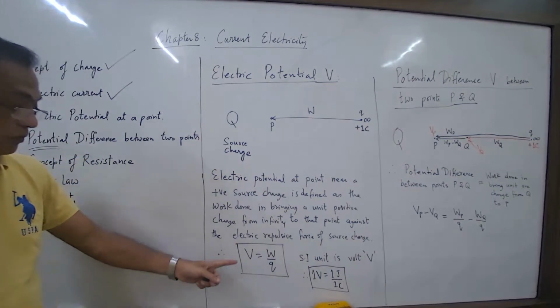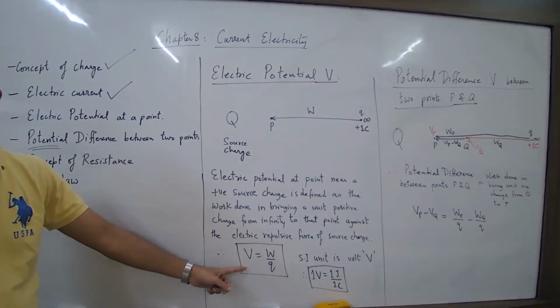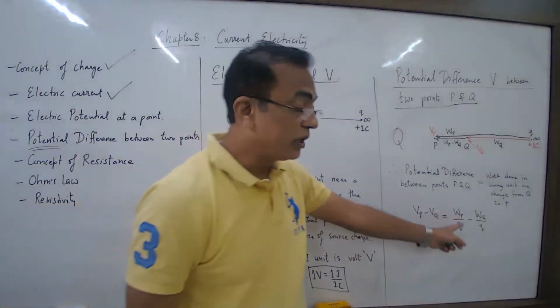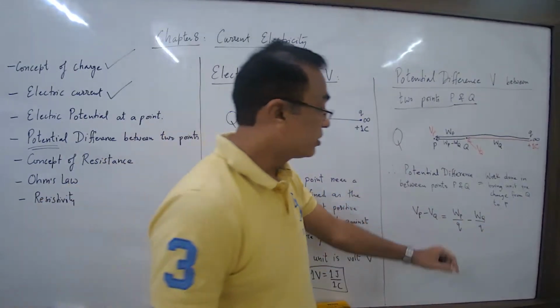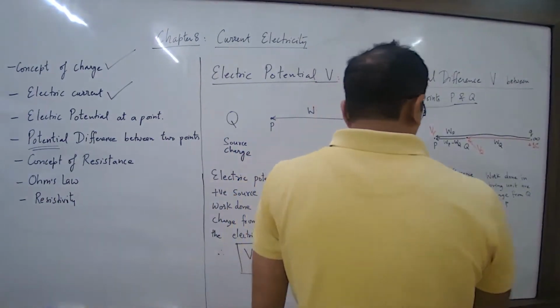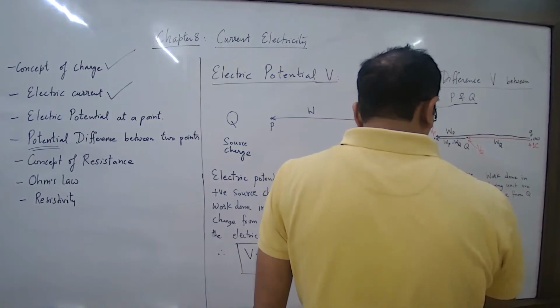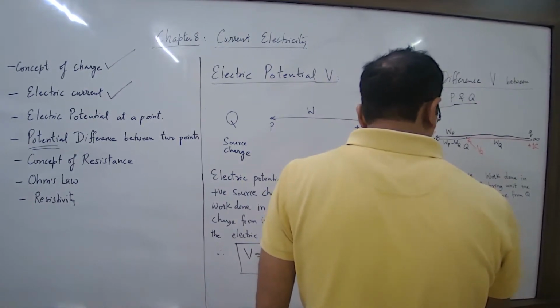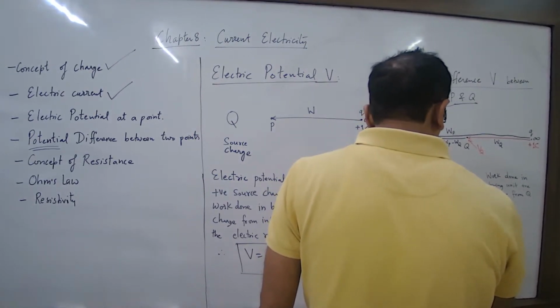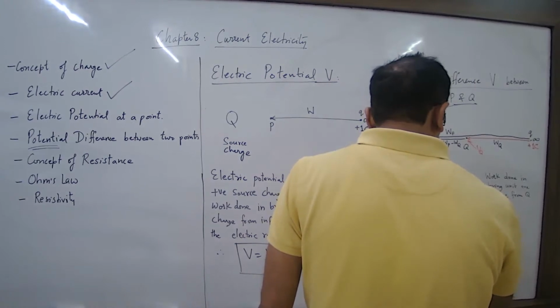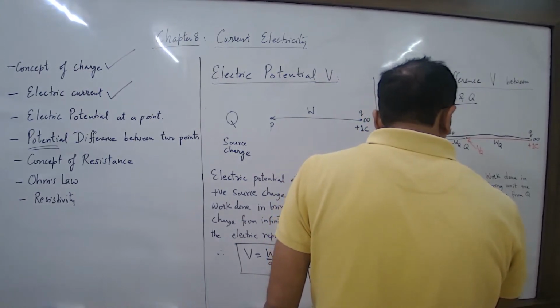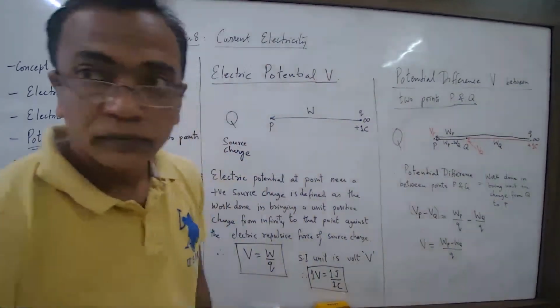By the definition of potential. So we have just written respective points. The charge is Q, right? So this VP minus VQ we are calling as V. And this will be WP minus WQ by Q, taking common denominator.